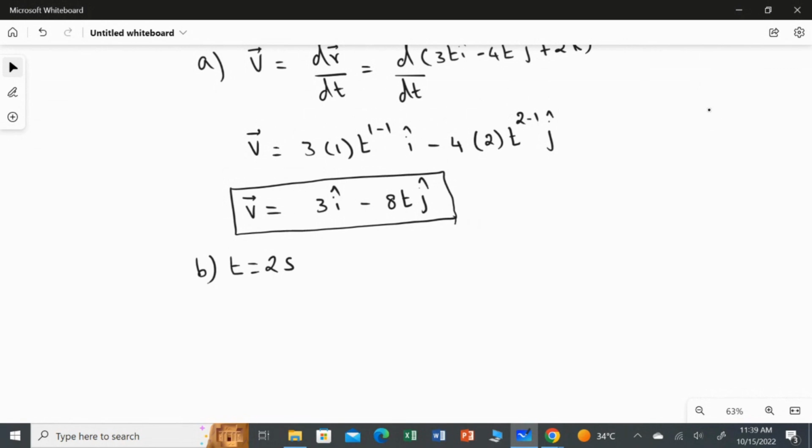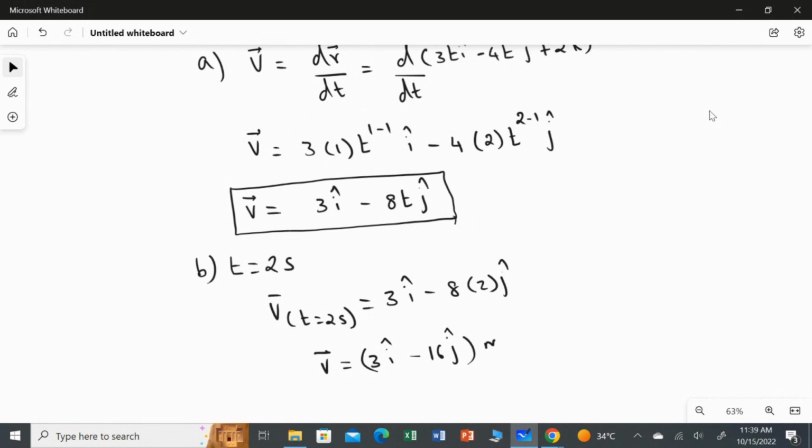Therefore, v vector at t equal to 2 seconds is equal to 3 i cap minus 8 multiplied by 2 j cap. So the final answer is v vector equal to 3 i cap minus 16 j cap, and the unit is meter per second. Clear? So this is the answer for the second part.